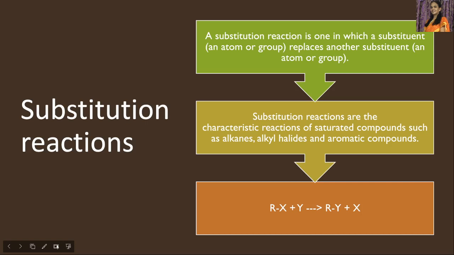This substituent goes and replaces another substituent from the substrate. So Y goes and replaces X. Then the product obtained is RY, and X comes out. This is the leaving group, let me say. So this is the general example for a substitution reaction.